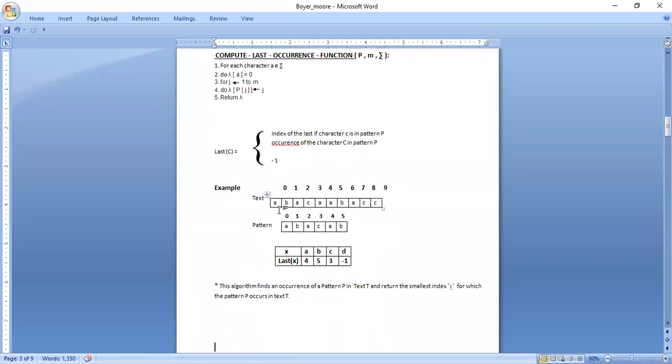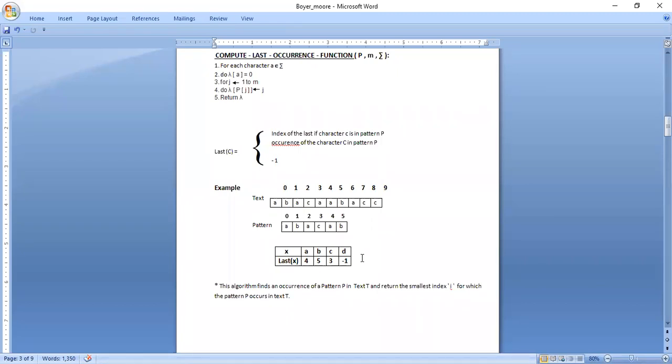For whatever characters we get in the text, it maintains their last occurrence in a table, so that it can utilize that value and avoid shifting. So it maintains a table called the last function table, with one last occurrence value for every character.